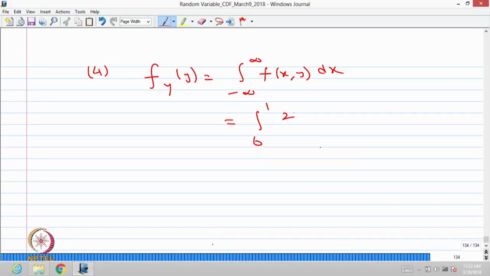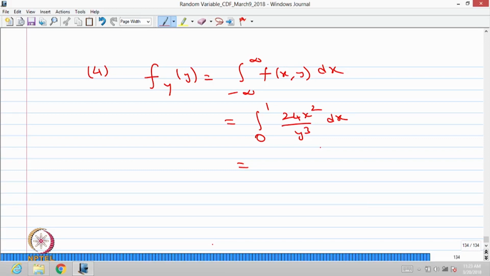So, integrating from 0 to 1 the joint density 24x square divided by y cube with respect to x, with a little simplification, you will get 8 divided by y cube. And if you recall, the range of y is 2 to infinity. Therefore, for y greater than 2, the probability density function of y is 8 divided by y cube, 0 otherwise.